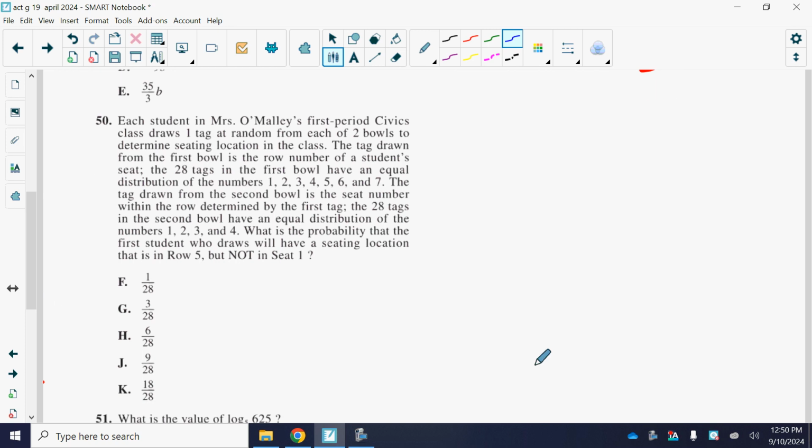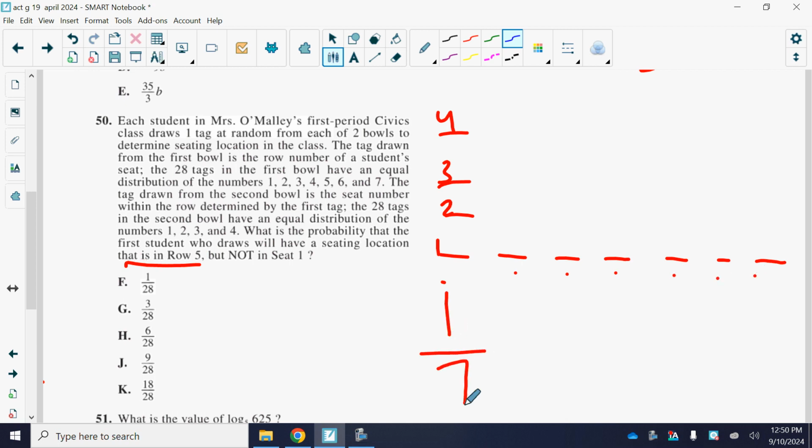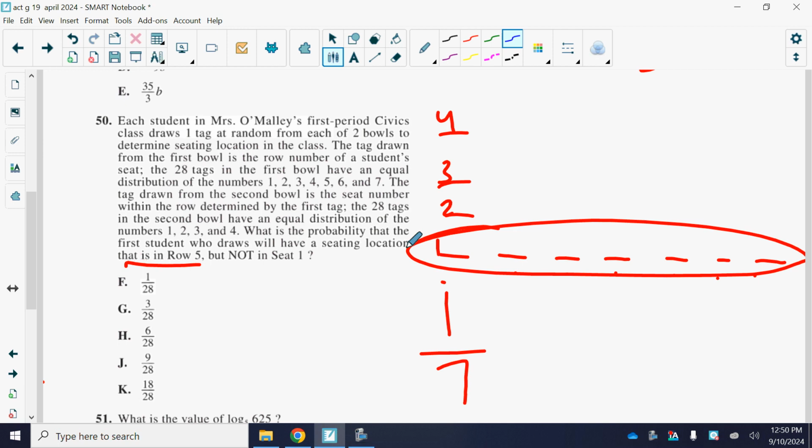All right, this one is, I'm going to label all 7 rows in my class, and each of the rows has a seat, 1, 2, 3, 4. So what's the probability that I draw row 5? Well, there's 1, 2, 3, 4, 5, 6, 7 rows, so it's 1 out of 7 would be row 5.